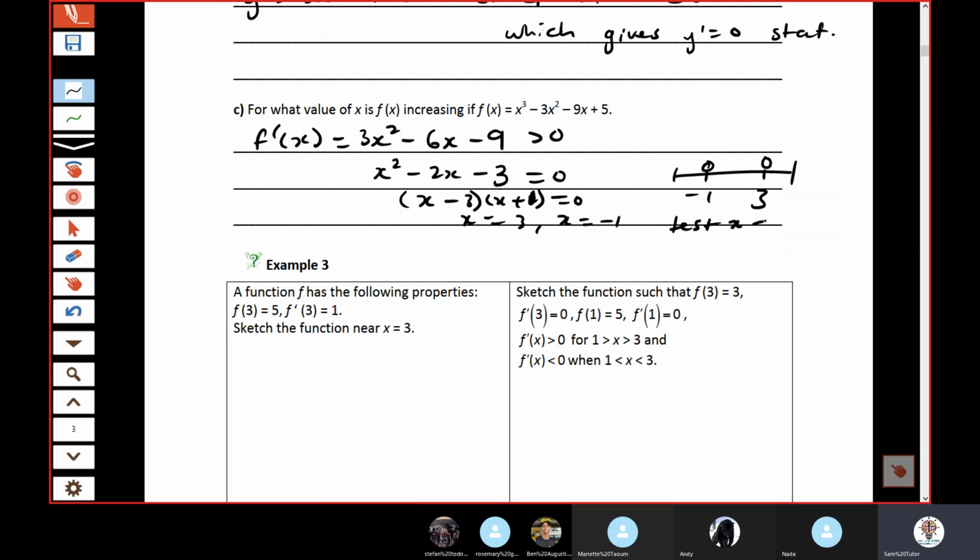Test x equals 0, sub it in, I get -9. Is -9 bigger than 0? No. So the answer is x is less than -1 or greater than 3. As long as x is in those ranges, this curve will always be increasing. Make sense?